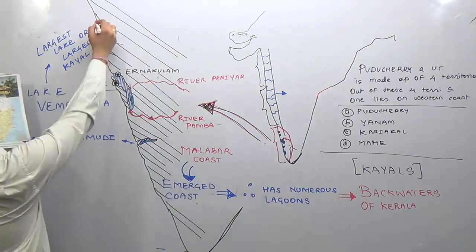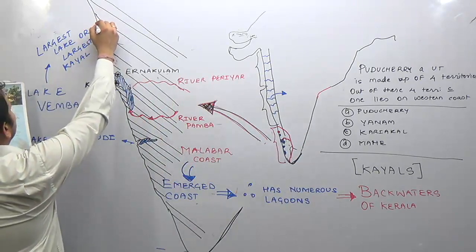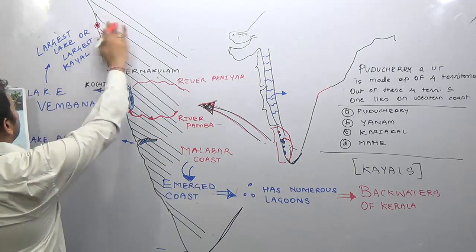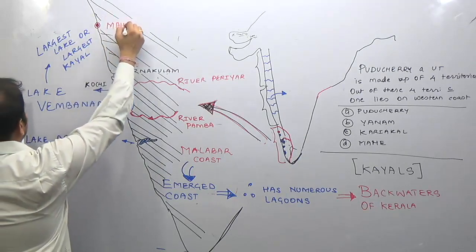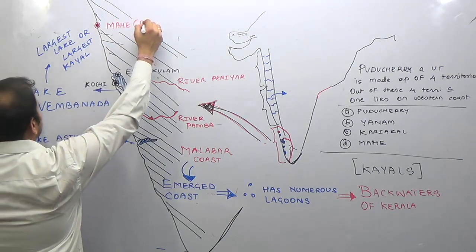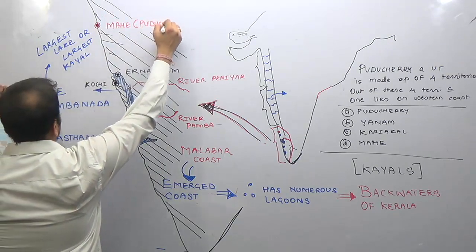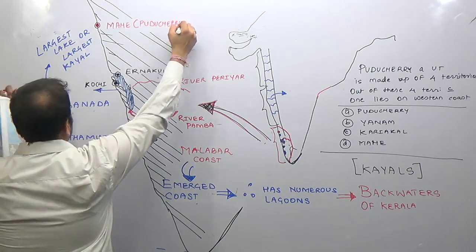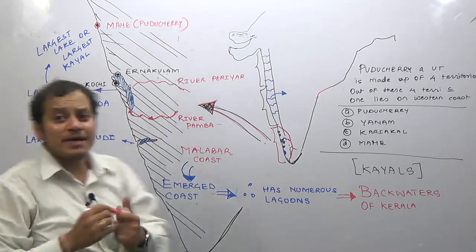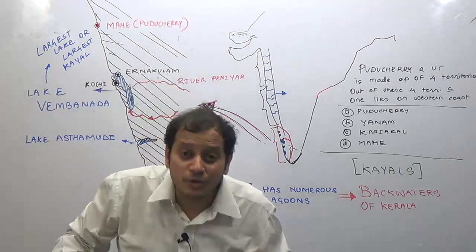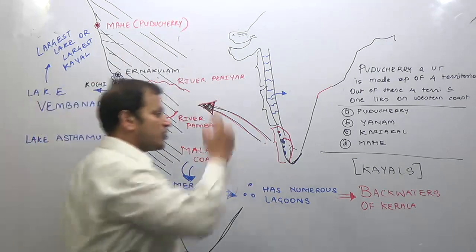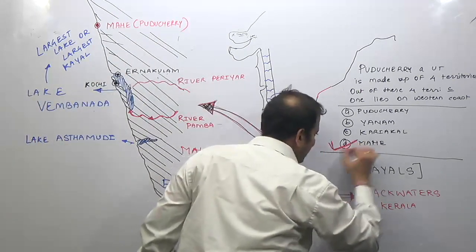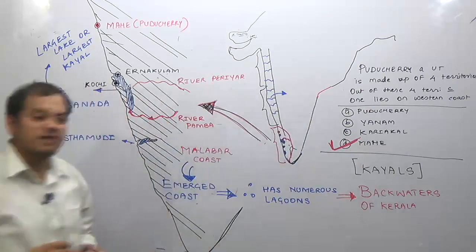And what is written inside Mahe in brackets? Puducherry. So Mahe, which is a part of the union territory of Puducherry, lies on the western part. The answer here is Mahe, which lies inside Kerala on the western part.